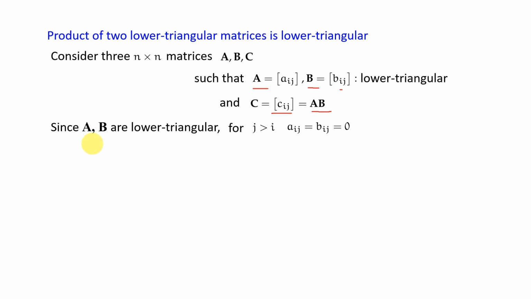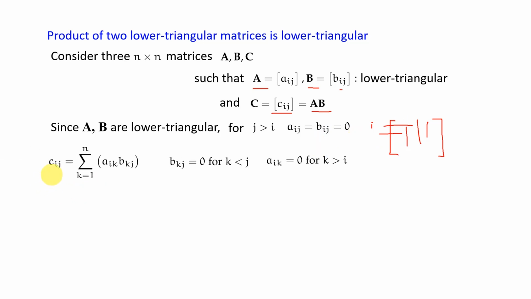Since A and B are lower triangular, you know that if j is greater than i, then Aij and Bij both will be 0. So i's are rows and j's are the locations of the columns. That is the definition of a lower triangular matrix.